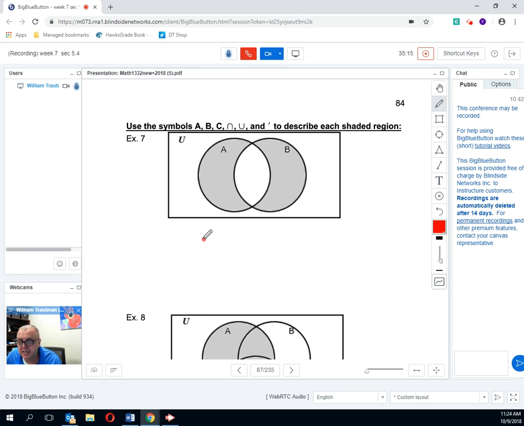I'm going to say the way to do it is without that universal. See, that universal set is not filled in. So if I say, I'm trying to figure it out. Give me a second.